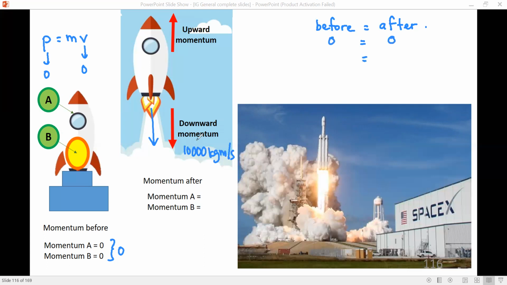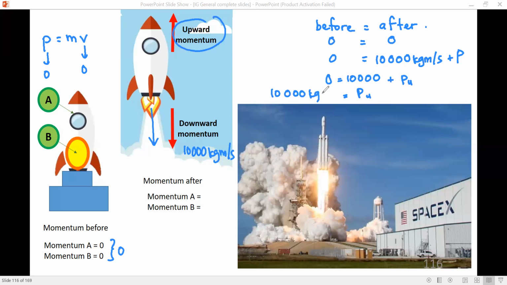We already have the downward momentum of 10,000 kg m/s. So the total, when we add the upward momentum, we still get 0. Why? Because before is equal to after. If before is 0, after is also 0. So we can do 10,000 plus momentum upwards, and we get that the momentum upwards is also 10,000 kg m/s, but it is negative.